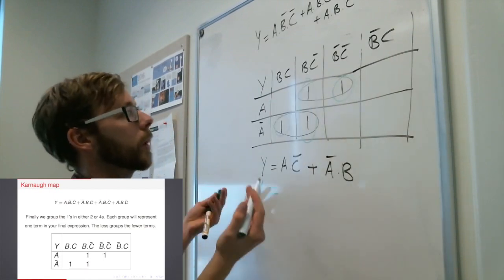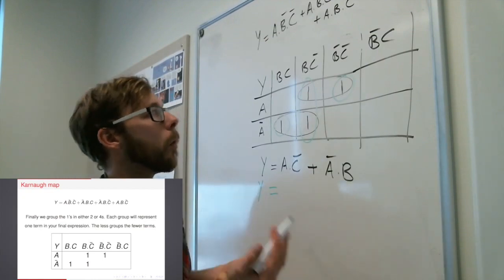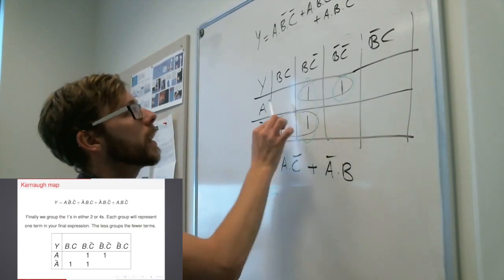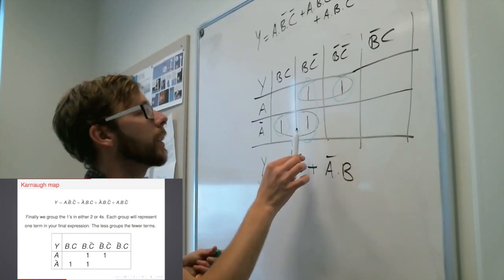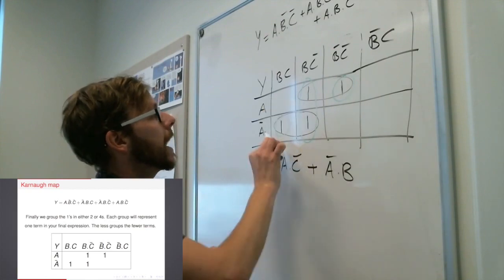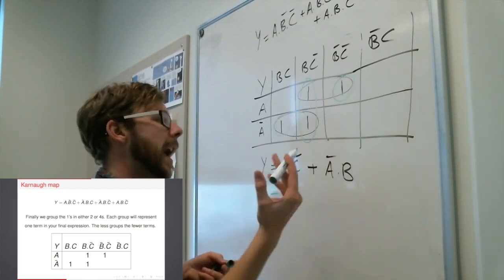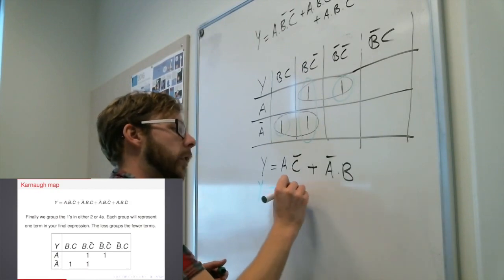So once again, I'm looking at those two terms, saying what's the same, what's changing, what doesn't matter. This term here is A, B, and not C. This term here is not A, B, and not C. What I can see, it's pretty obvious because it's vertical, is that my A is changing to a not A, therefore it's the A that doesn't matter. So that group there corresponds to B and not C.